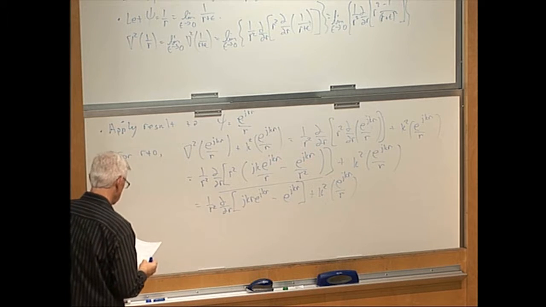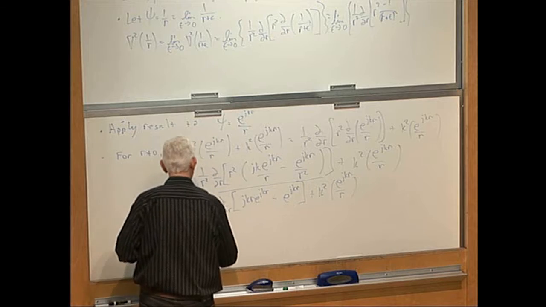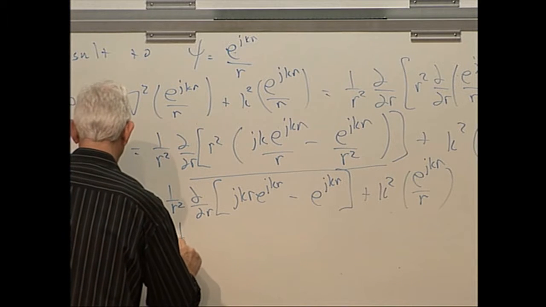Okay. And now we just take this through. It's pretty simple. We have 1 over r squared.